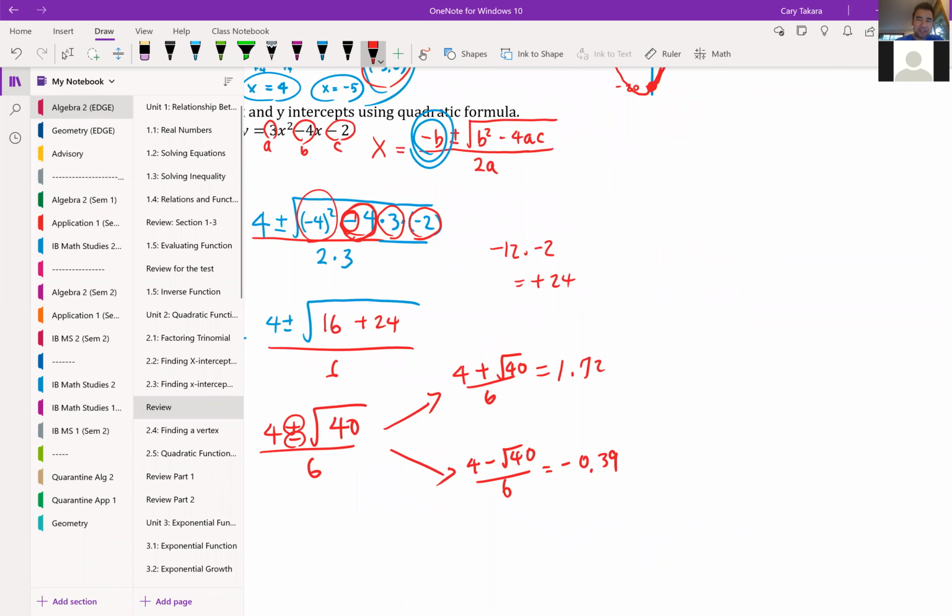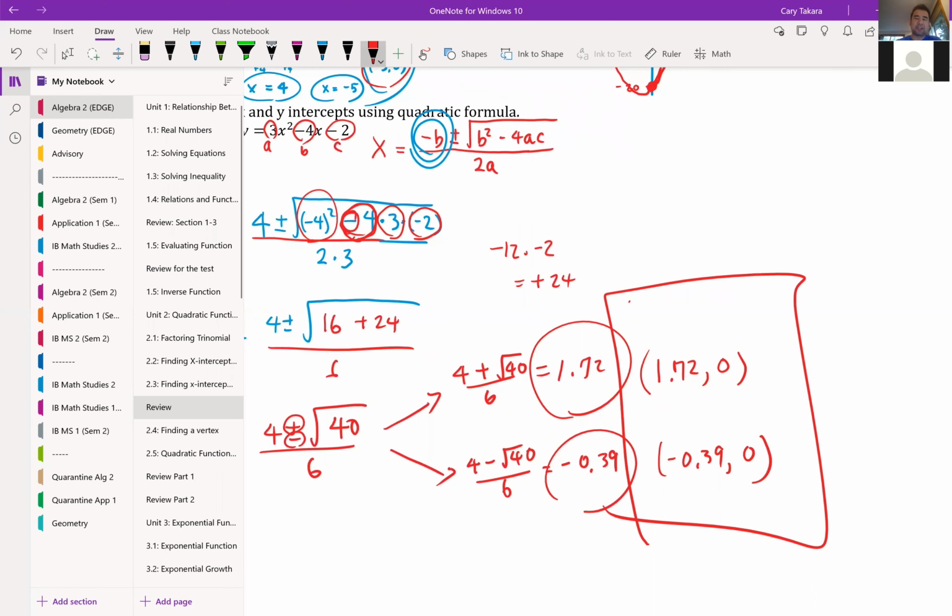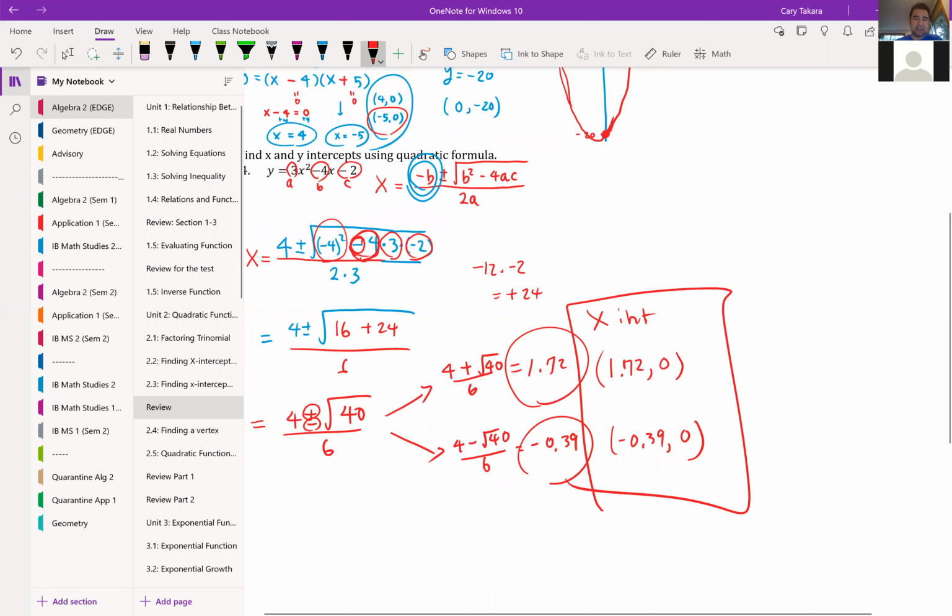Those are the x-intercepts. If you want to answer that in coordinates, it's going to be 1.72 and 0, negative 0.39 and 0. Okay, so these are the x-intercepts.